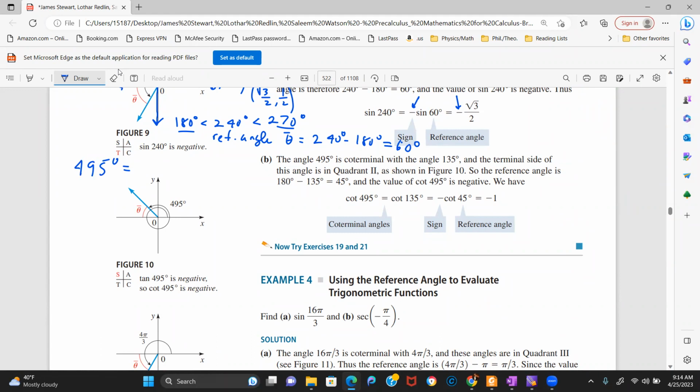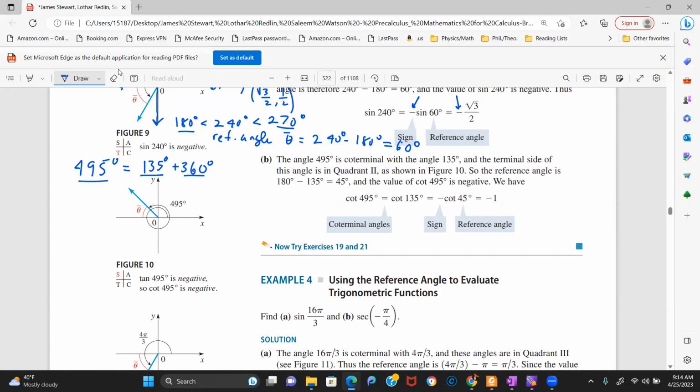So you can write the 495-degree angle as 135 degrees plus 360 degrees. So 360 we can just ignore. In other words, 495 degrees and 135 degrees are coterminal. They determine the same angle in the plane, that is, the same point x comma y. So we're going to use that to evaluate this.